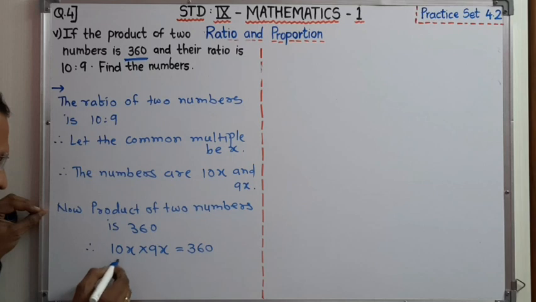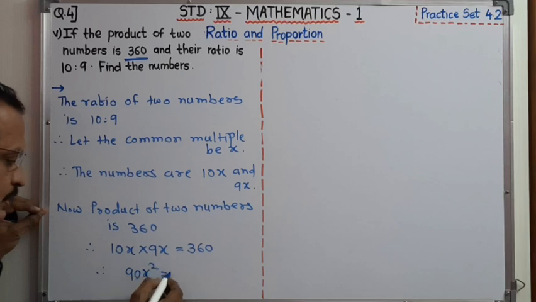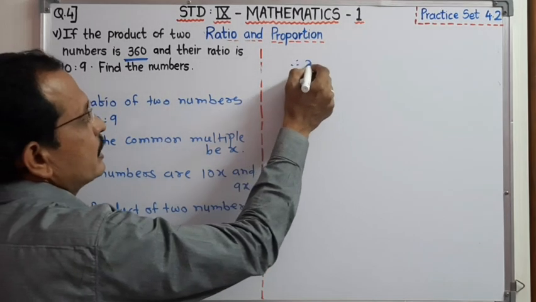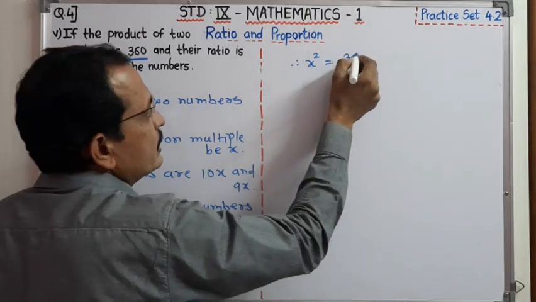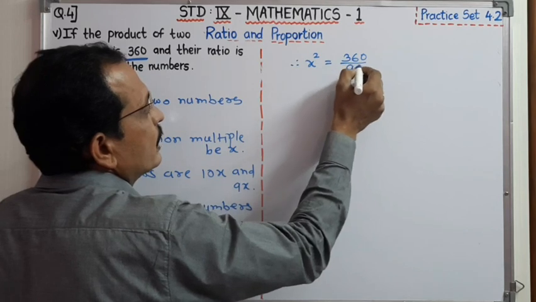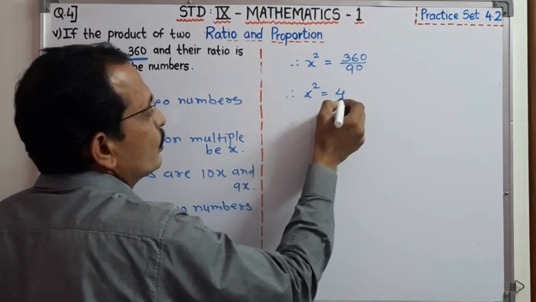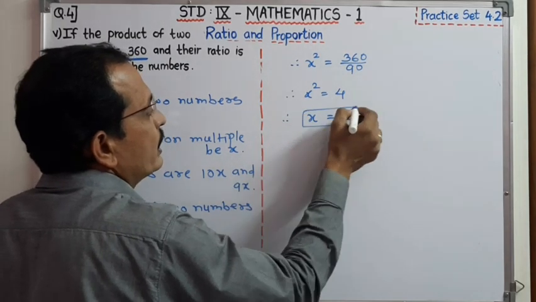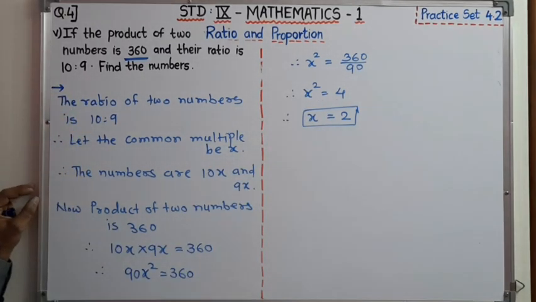Now, dear students, see, 10x into 9x, 10 9s are 90, and this x into x, x square is equal to 360. Dear student, see here, x square is equal to, this 90 goes on that side, 360 upon 90. Therefore, x square is equal to 4. We are taking the square root of both the sides, we get x is equal to 2.